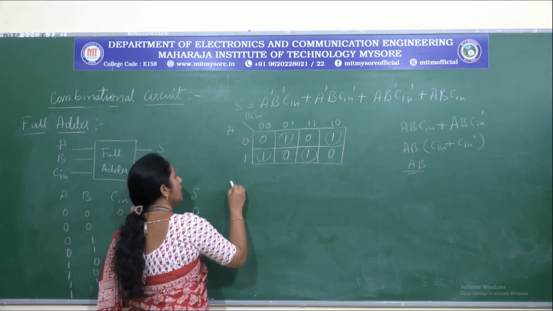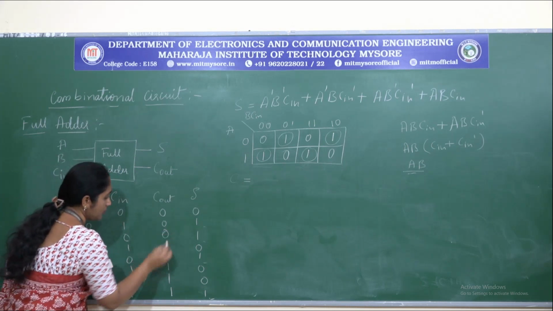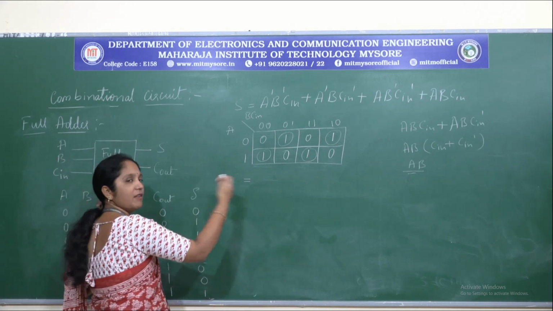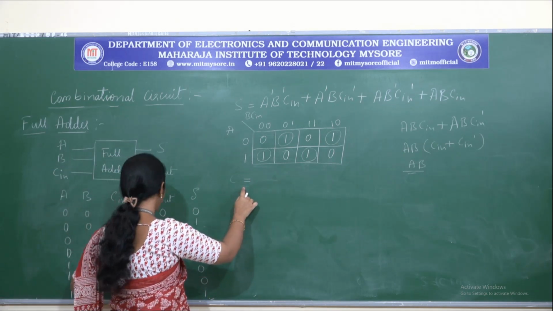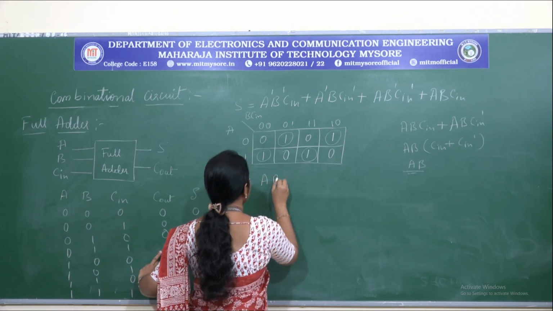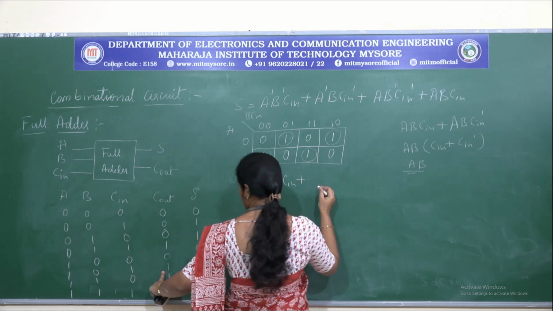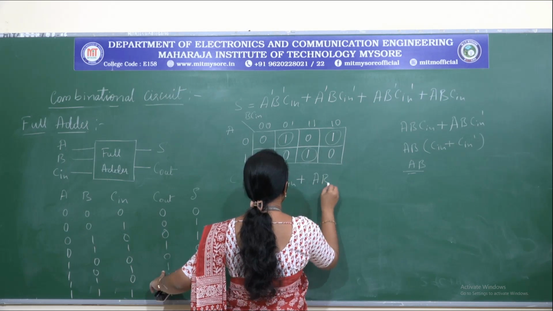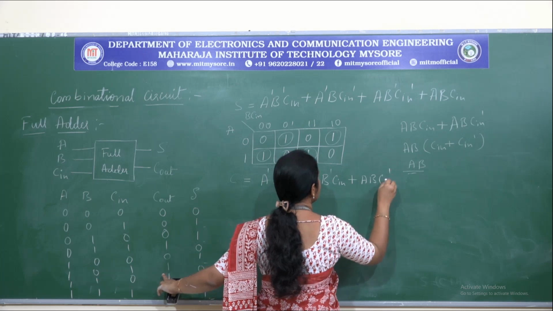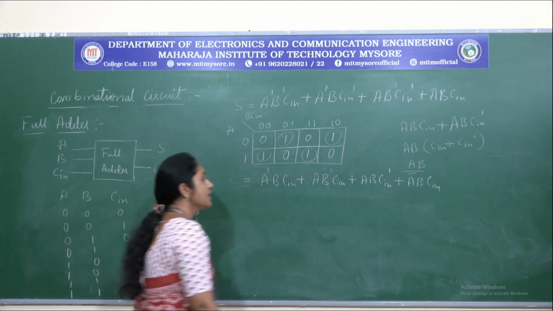So coming to the carry, let me write the expression from the truth table. Later we will see what expression we get from the K-map. Here we have logic 1: A'BCin plus AB'Cin plus ABCin' plus ABCin.